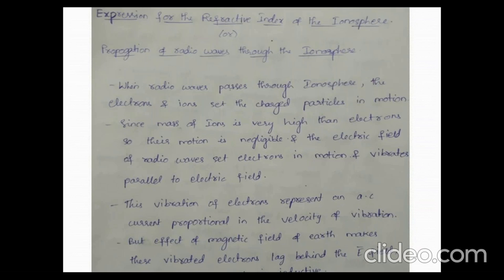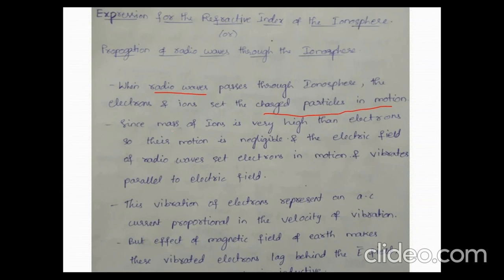When radio waves hit these electrons and ions present in the ionosphere, they make these charged particles move. They will be moved by the radio waves when radio waves are transmitted into the atmosphere.